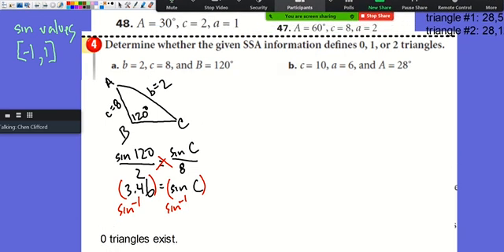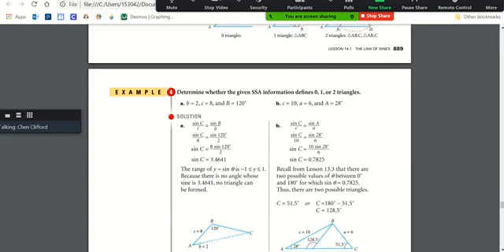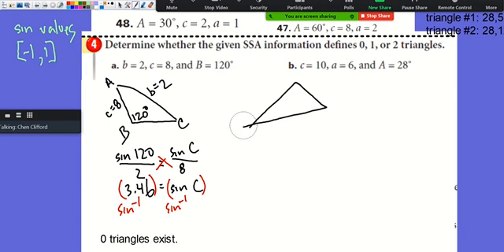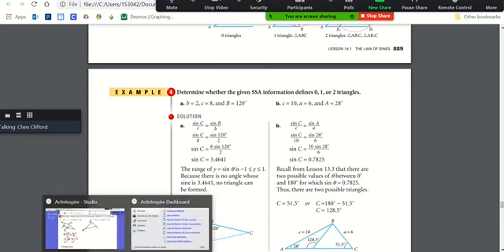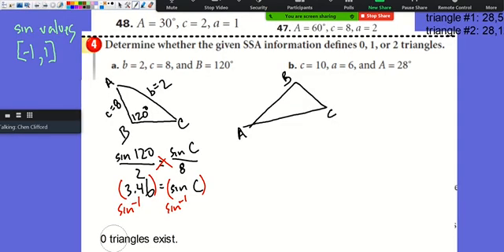And let me draw that right here. Okay, and let's go with A, B, C. So that's our generic triangle that we're going to start with. Now, lowercase a is 6, uppercase A is 28, and lowercase c is 10.